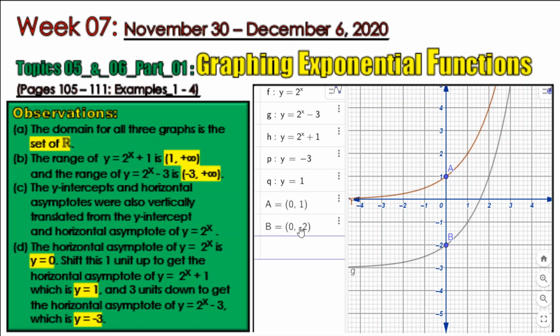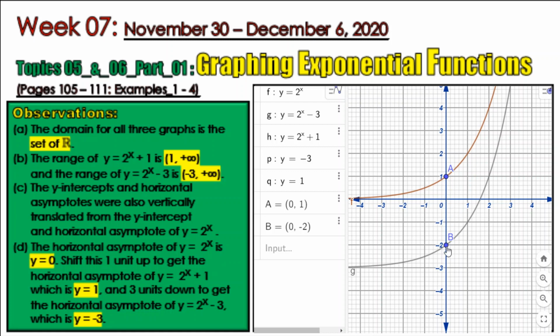Our graph is just vertically translated. It could be upward or downward. In this case, we have minus 3. So from positive 1, your y-intercept is vertically translated downward 3 units.